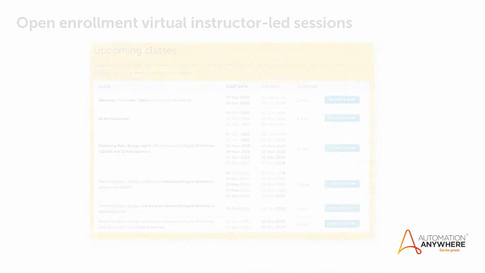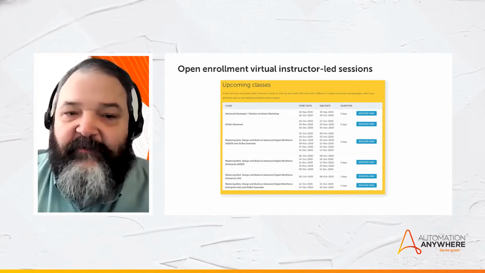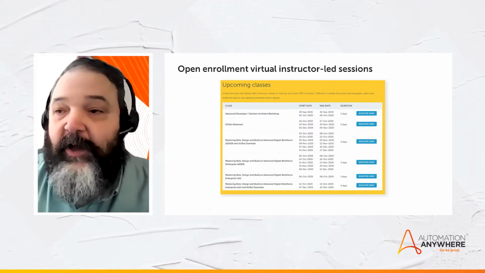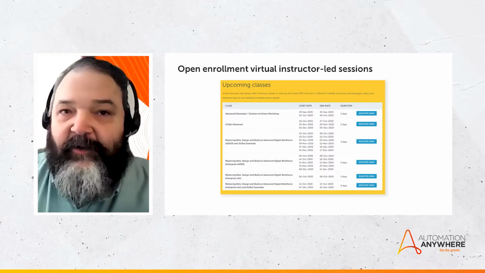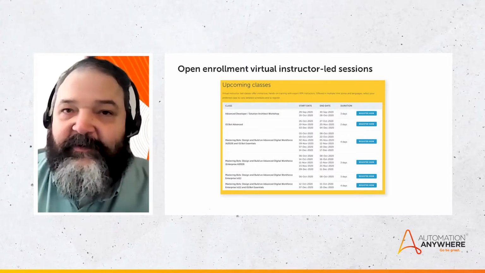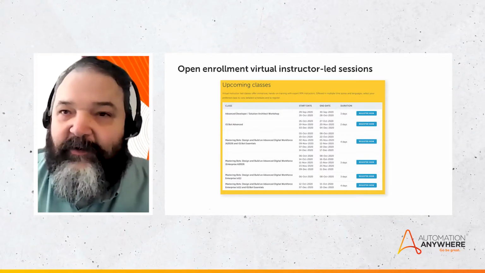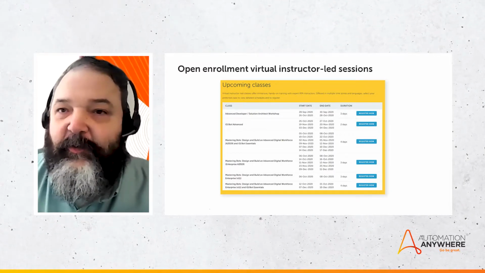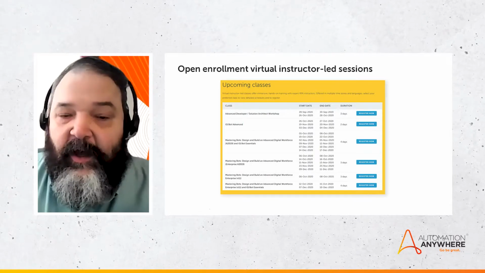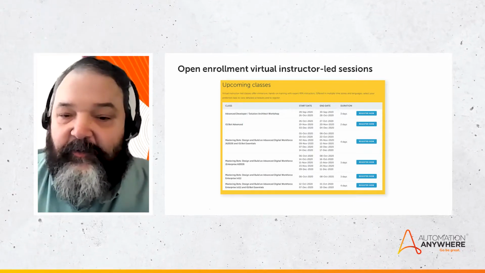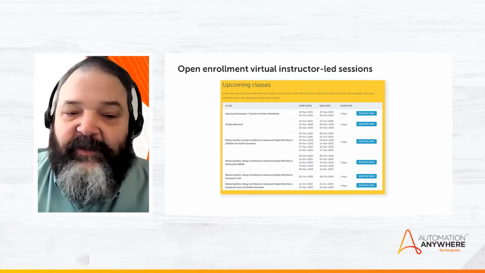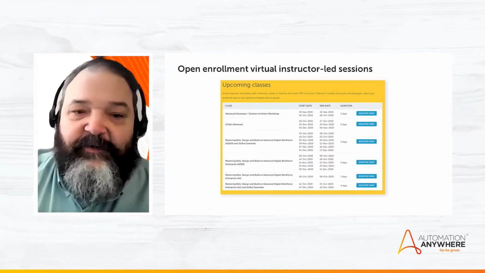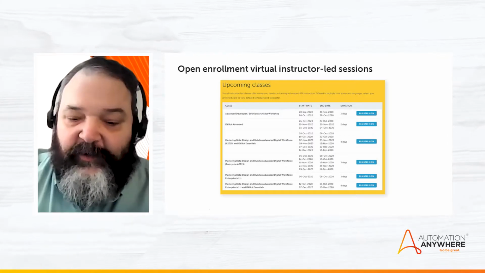And we also have some higher level courses, such as the Advanced Developer Solution Architect Workshop, where you can get information on higher level development processes, the best way to choose use cases or processes for automation. Lots of good information in that, and that's a 3-day course. So the attend page at Automation Anywhere University gives you access to these courses for you to sign up at your leisure.